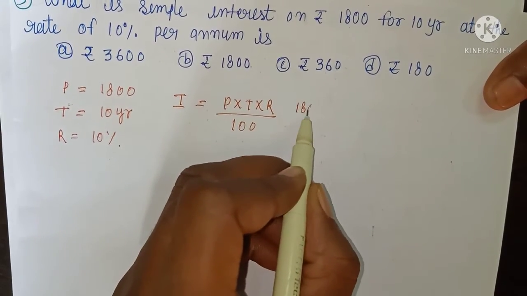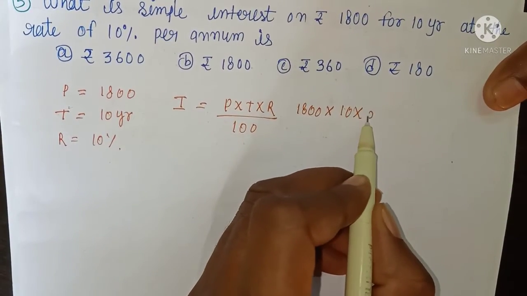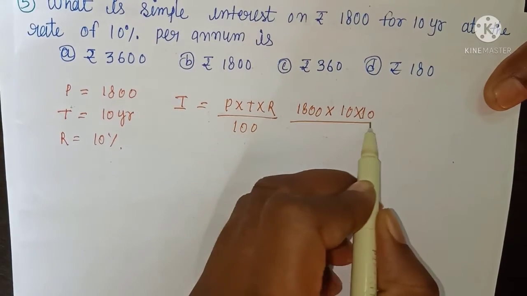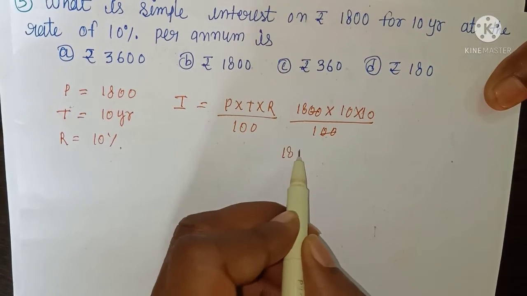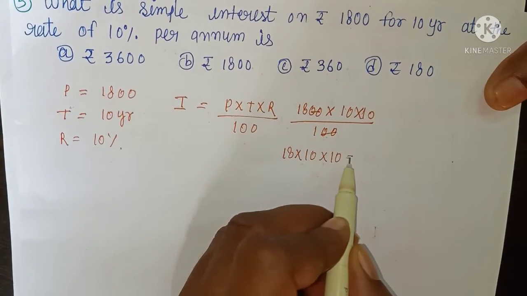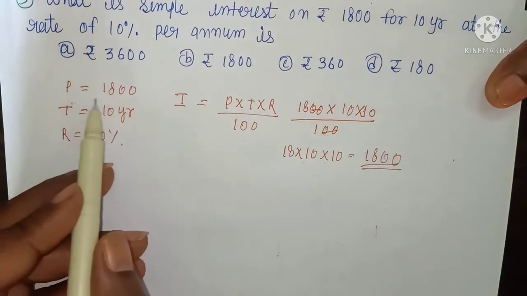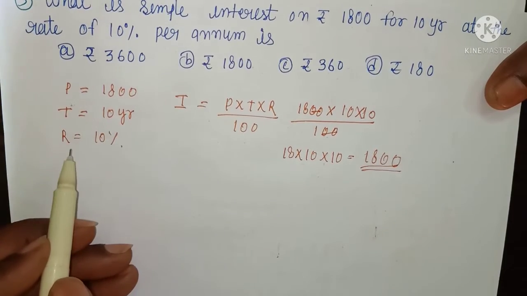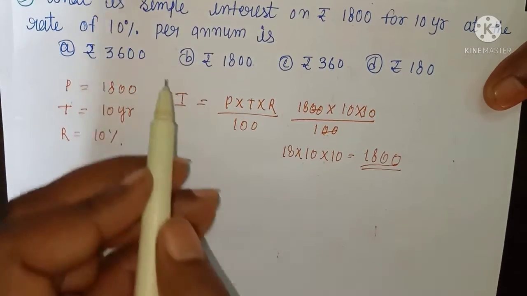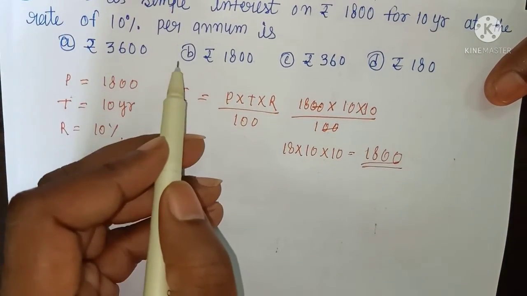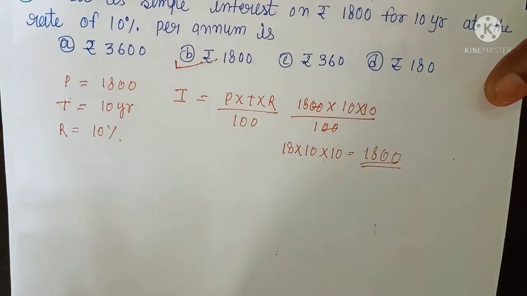So P is 1800, time is 10 years and rate is 10%, divided by 100. 20 cancel and 18 multiplied by 10 becomes 180. Then interest will become 1800. According to the question, option B is correct, 1800.